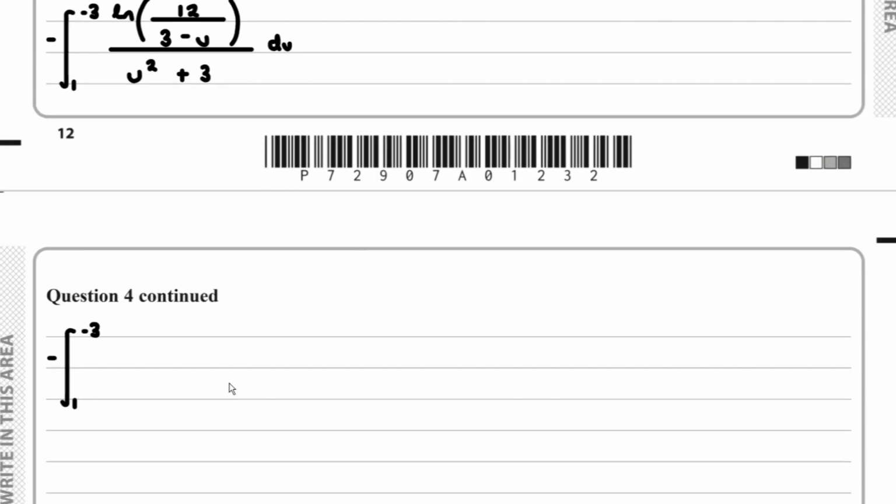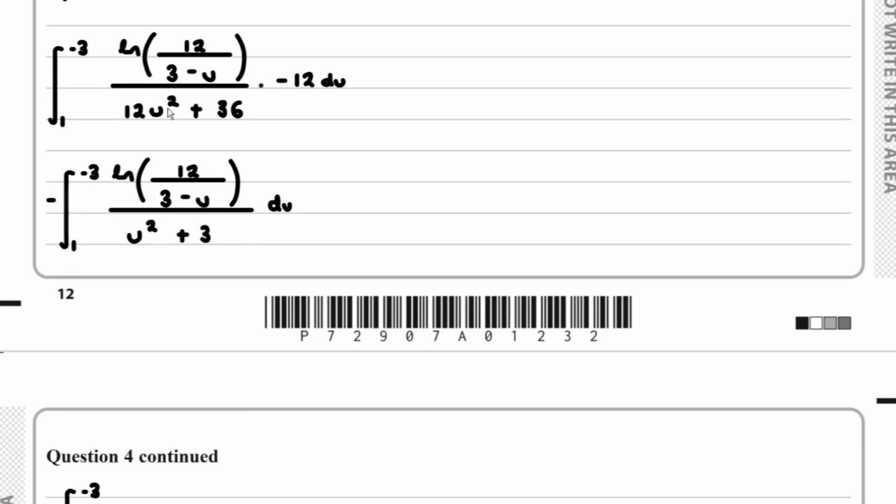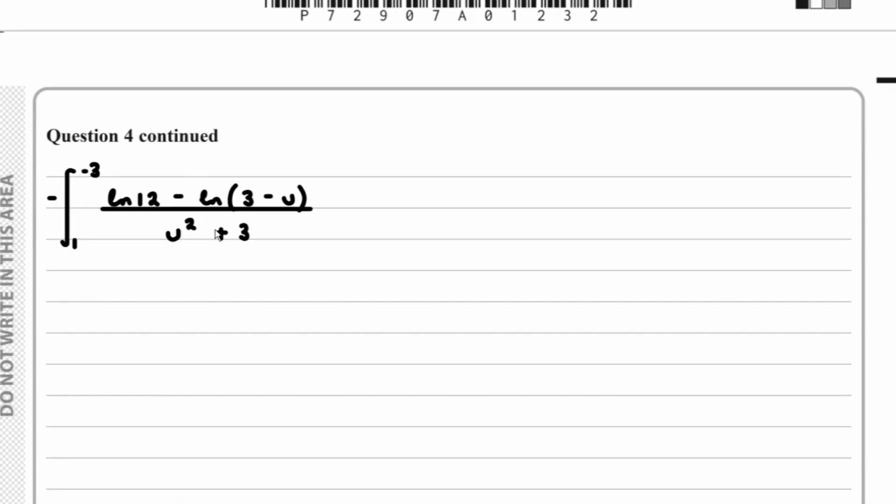So I've got negative integral of the natural log of 12 subtract the natural log of (3 subtract u). That's the same as the natural log of 12 over (3 subtract u), so I've just used the subtraction law of logs there, divided by u squared plus 3 du.